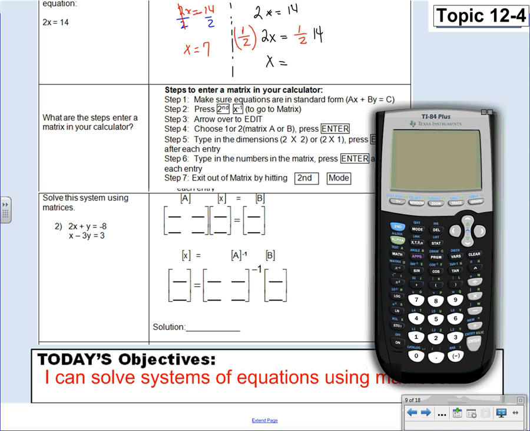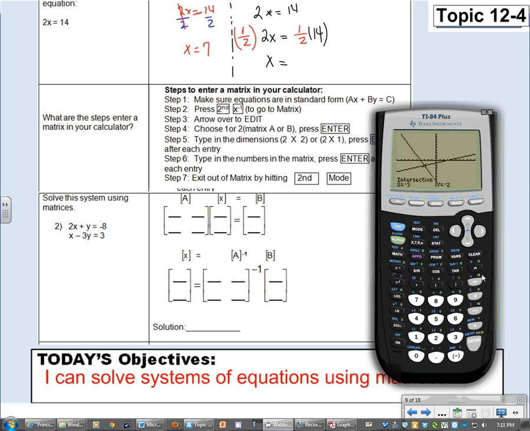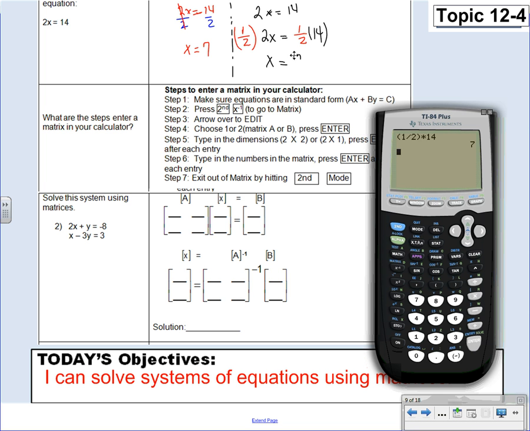If I multiply 1/2 times 14, again, I should get 7. Let's see. 1 divided by 2 times 14, and sure enough, it gives me 7. So I can multiply and get my answer. The unfortunate part again is that when I'm multiplying, I'm having something in a denominator, which the calculator sees as division.